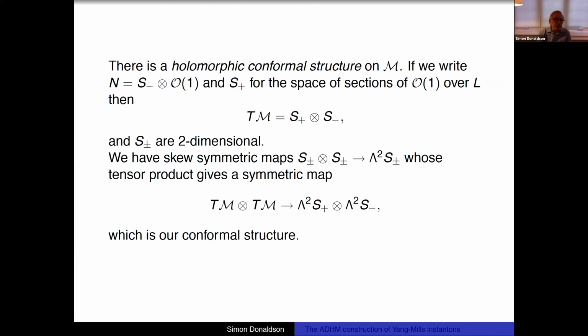So trivializing that tensor product, we can think of that as C, and we get a quadratic form defined up to a factor. So this is the simple but remarkable thing: if we have a three-dimensional complex manifold containing a family of lines of a suitable sort, then on that family there's an intrinsic conformal structure.